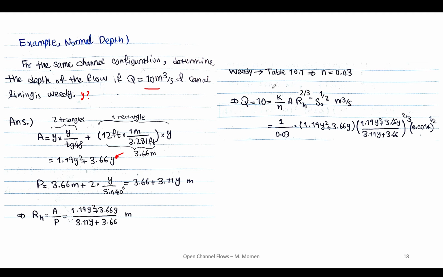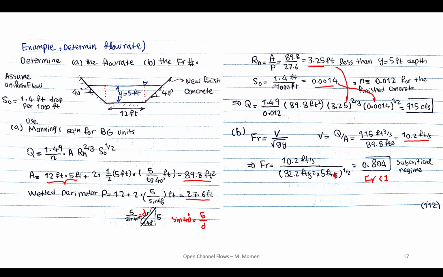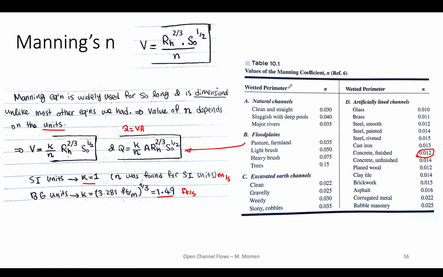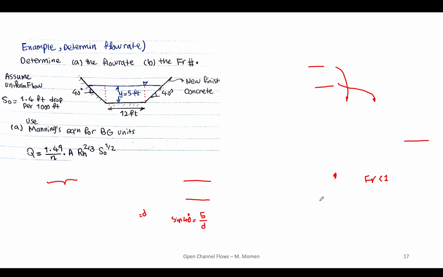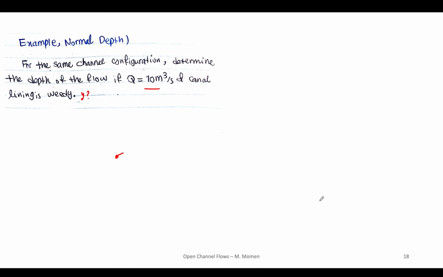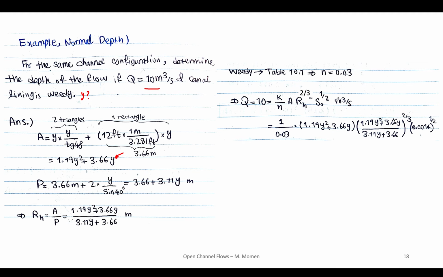And we have a weedy channel type. So from table 10.1, I can see for weedy, we have 0.03, right? N should be 0.03, and you see it here. So I just put it here: n is going to be 0.03.